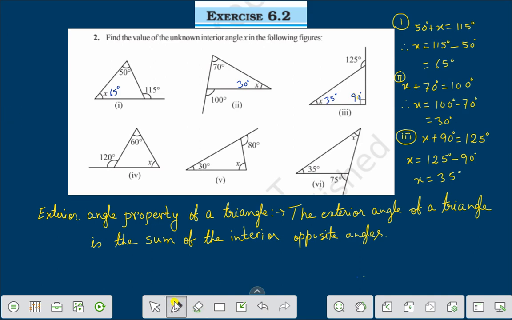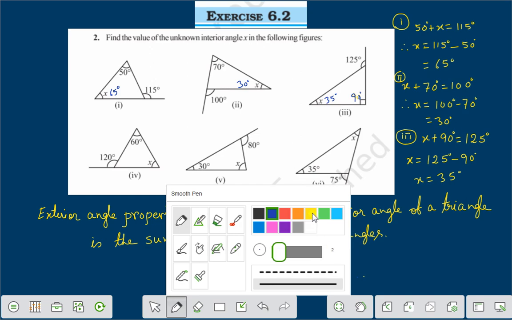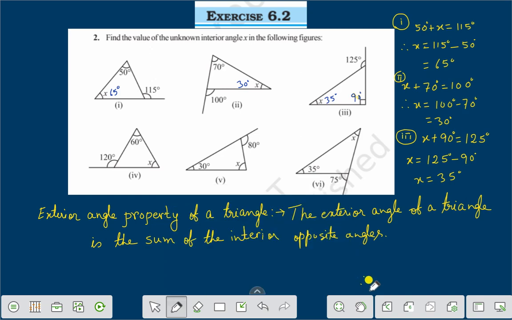Now figure 4. Here you see this figure. This is 60 degree, this is x, this is 120, this is the exterior angle, and these are the interior opposite angles. Therefore, we can write question number 4 as x plus 60 degree is equal to 120 degree.